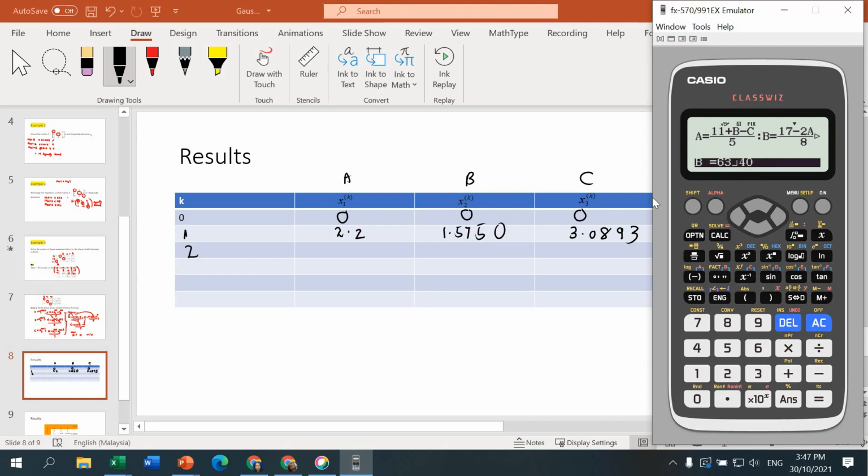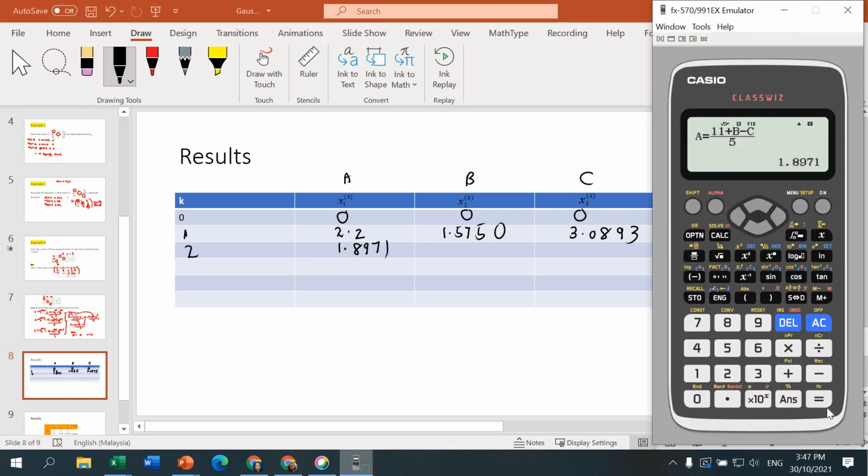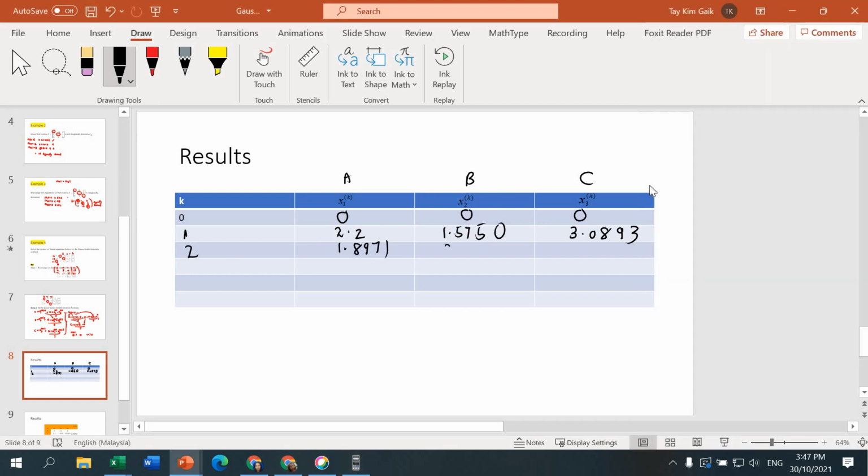So now you press equal. This is actually this value. Then equal more and more. Straight away you get this is the A, 1.8971. Then I press equal now. I will get B, 2.0369.